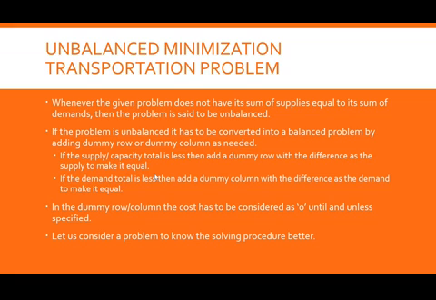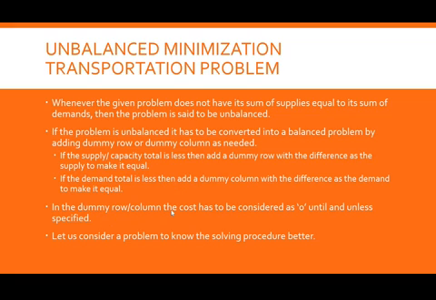If the demand total is less when compared to the supply totals, then we will be adding a dummy column, and whatever is the difference will be the demand for that particular column, so that the totals will become equal.